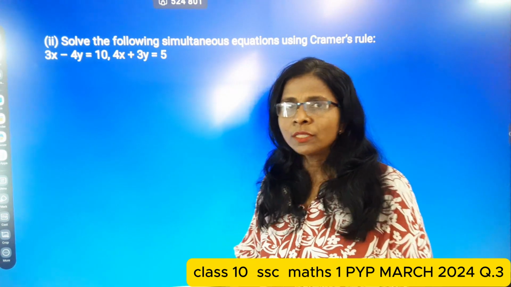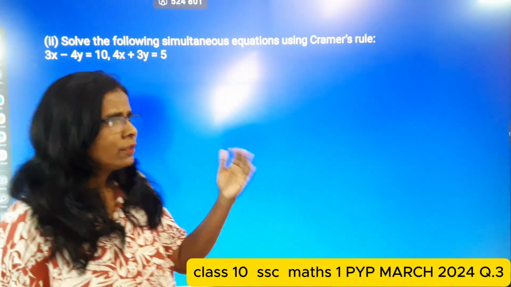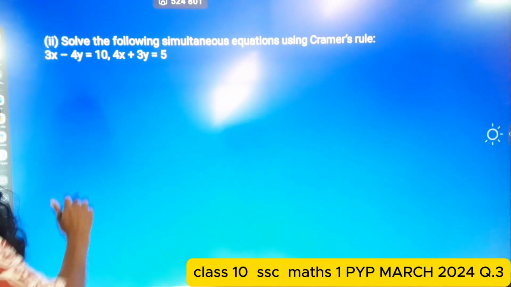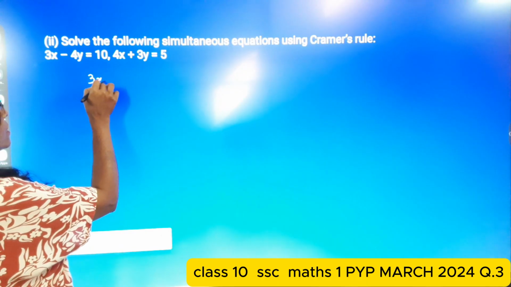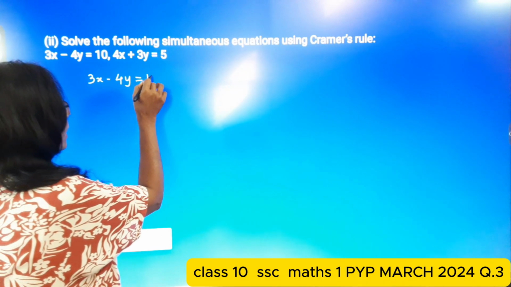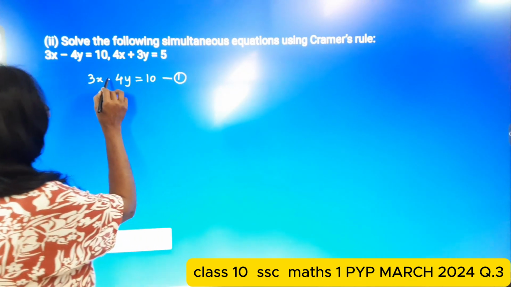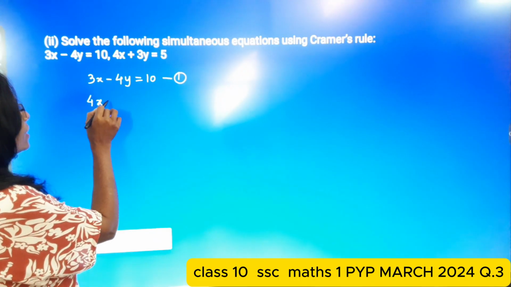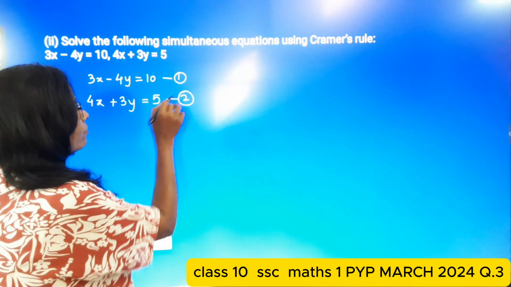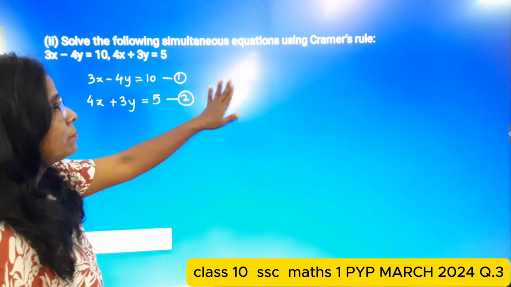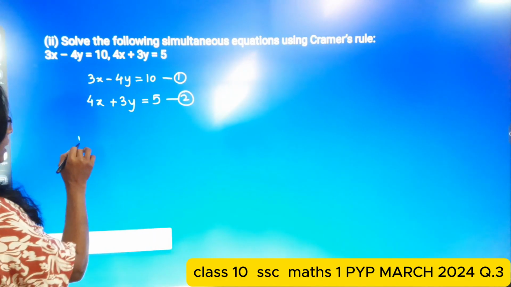So now here, students, first we write the given equations. I write here 3x minus 4y is equal to 10 and call it the first one. Then the second one, 4x plus 3y is equal to 5, call it the second one. Okay, students, and as per Cramer's rule, how can we find the determinant?